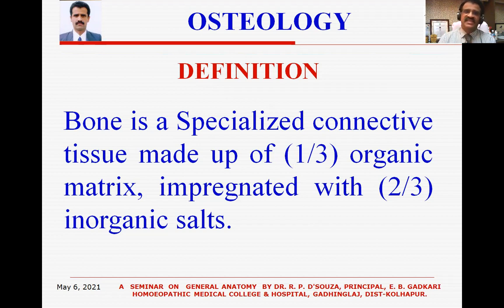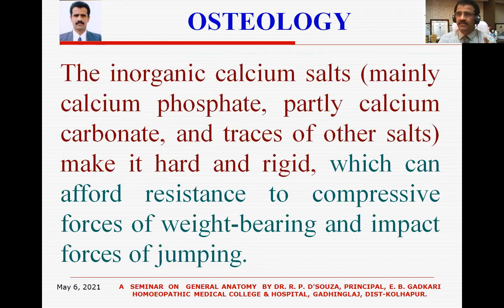So bone is a specialized connective tissue made up of 1/3 organic matrix impregnated with 2/3 inorganic salts. That is, 2/3 is inorganic salts, and 1/3 is organic matrix, that is collagen fibers.